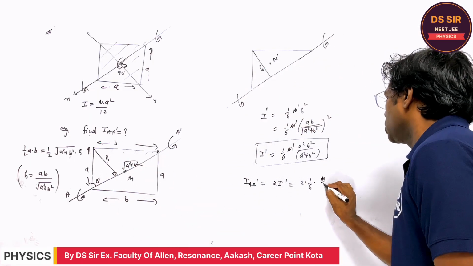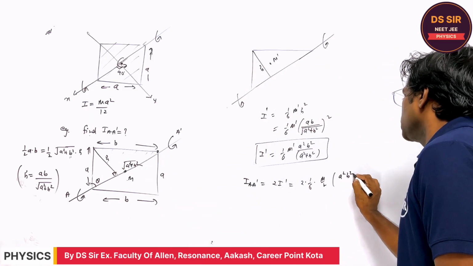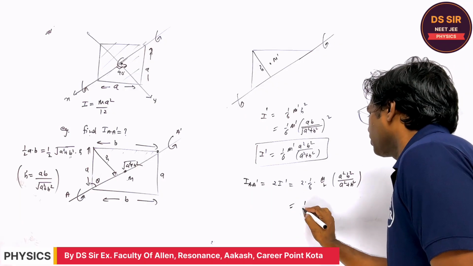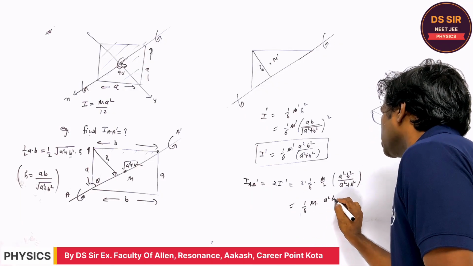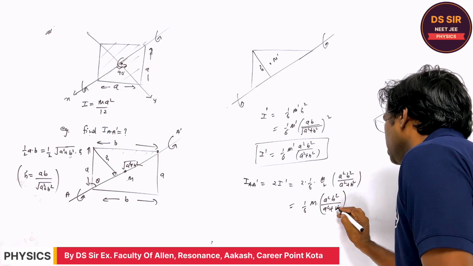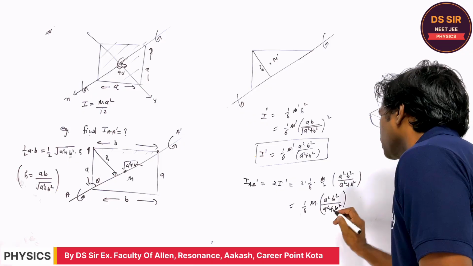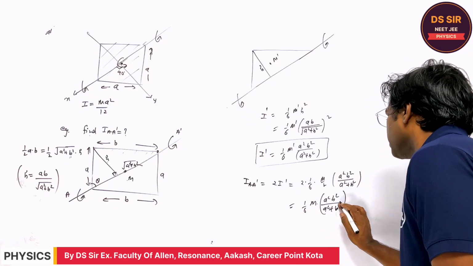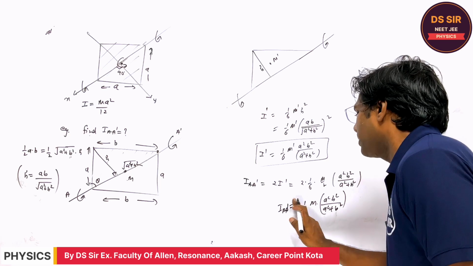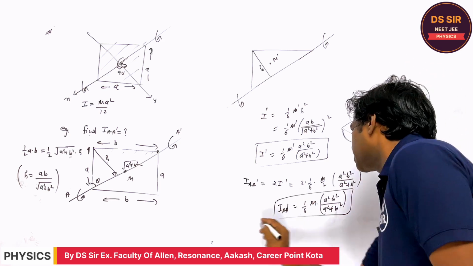It is m by 2, a square plus b square by a square plus b square. It will come 1 by 6 m into a square b square upon a square plus b square. So this is the moment of inertia about the diagonal for this rectangular slab about the diameter.